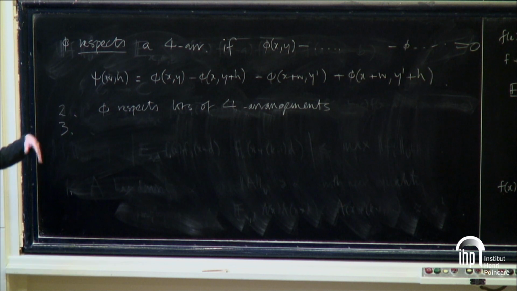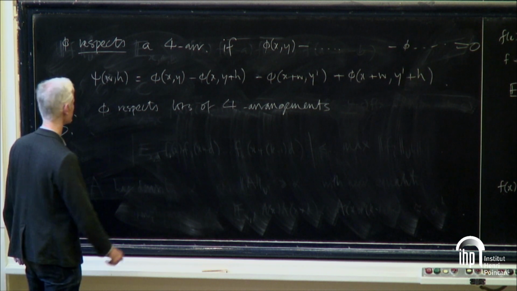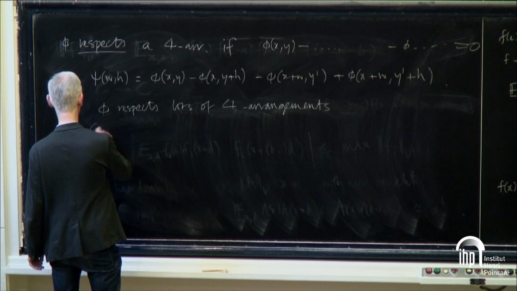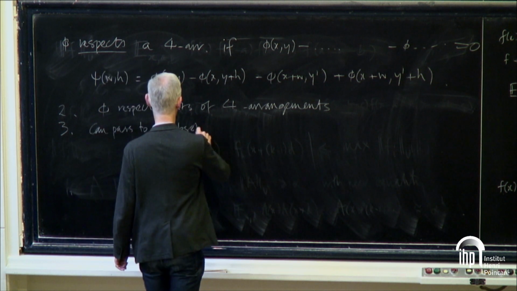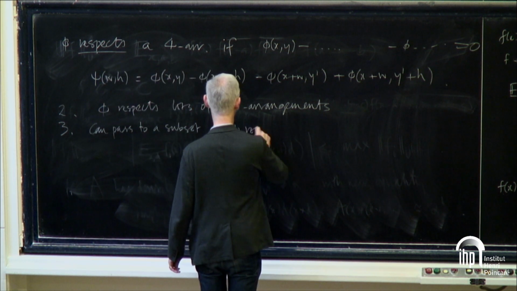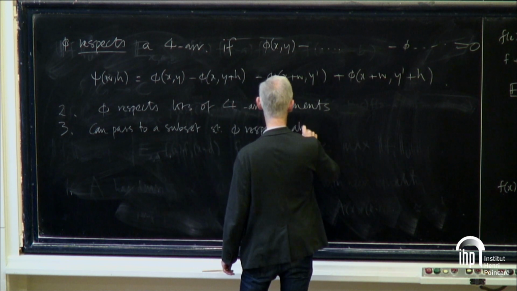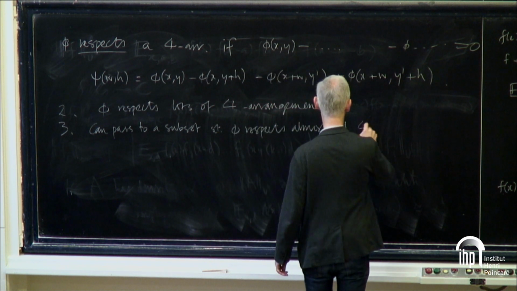I won't say more; that's, again, lots of Cauchy-Schwarz and that sort of thing. Then there's an argument that uses a technique called dependent random selection, which I mention just for the benefit of the few people here for whom it will mean something. Roughly it means choosing things at random, but not independently, choosing dependencies in a suitable way to make nice things happen, so that we can get to a subset such that phi respects almost all Fourier arrangements.